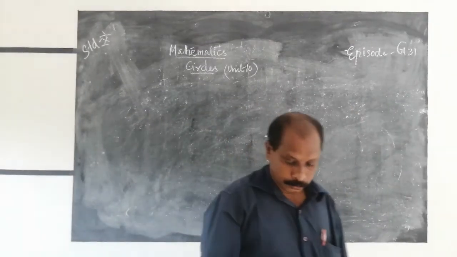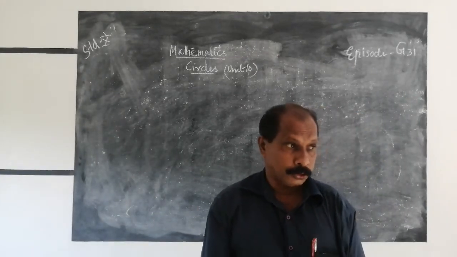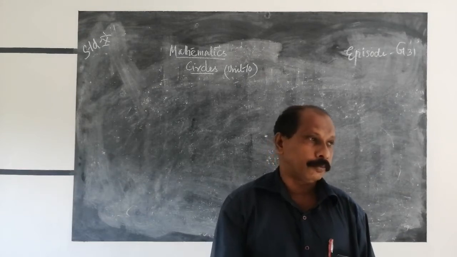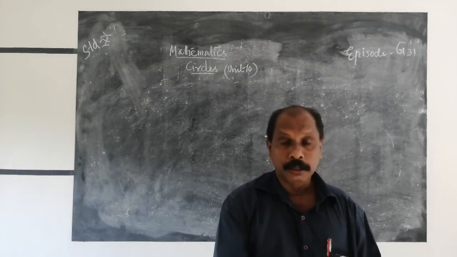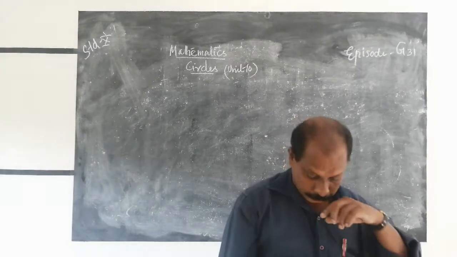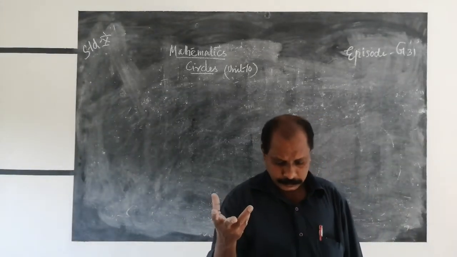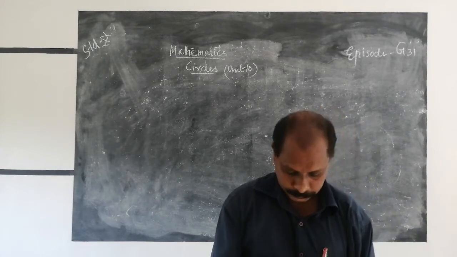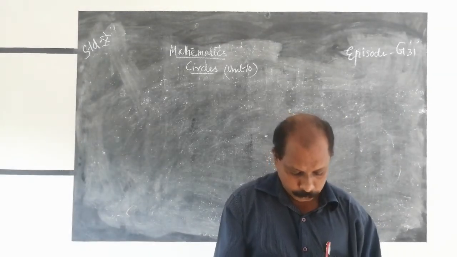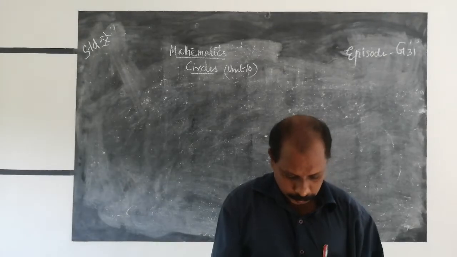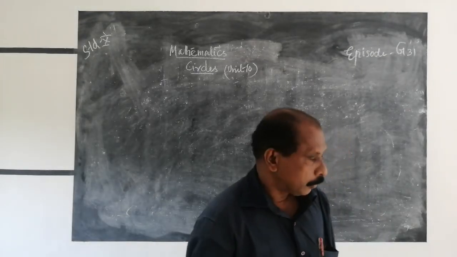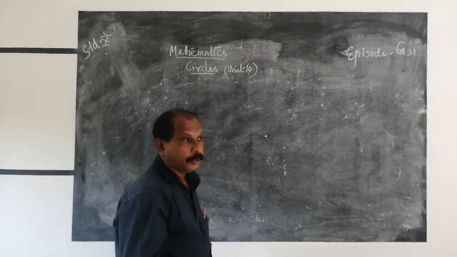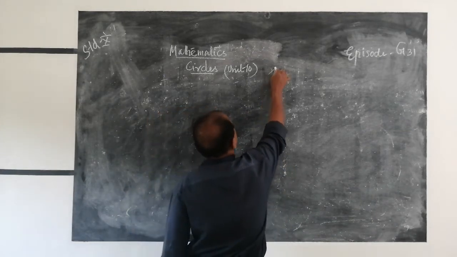Therefore, all the questions of exercise 10.1 are for your homework. There are 4 questions in exercise 10.1. Then exercise 10.2, that is the second part. Therefore, in this episode, let us consider circles and exercise 10.2.